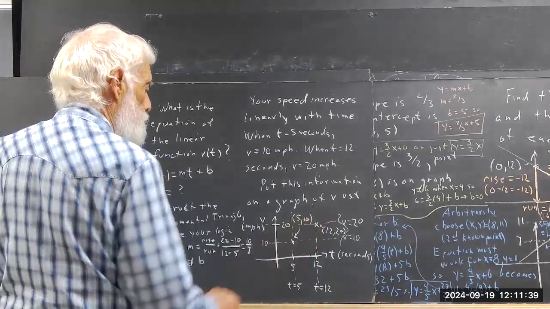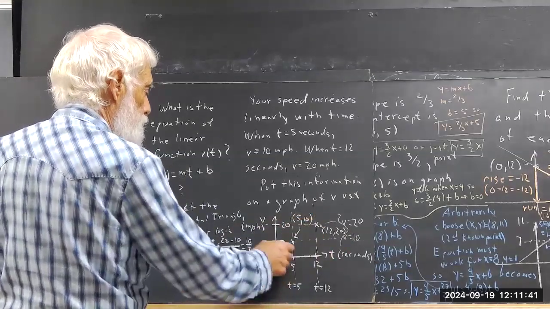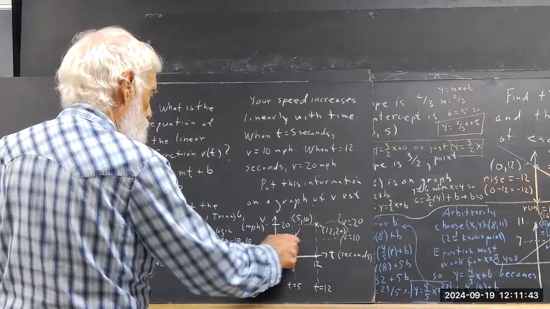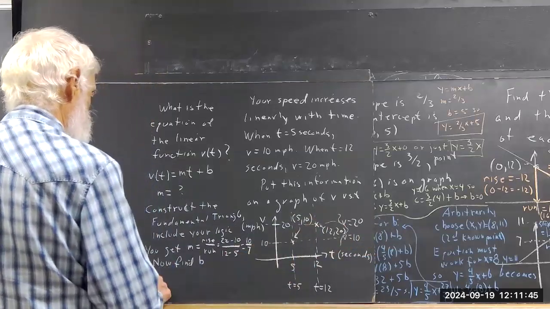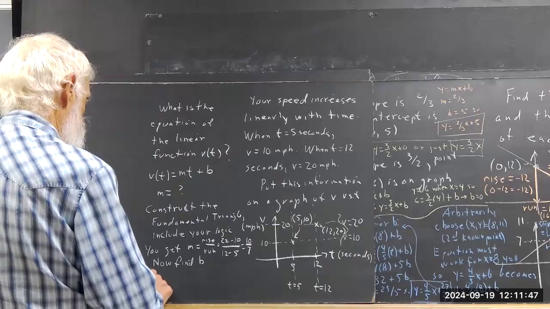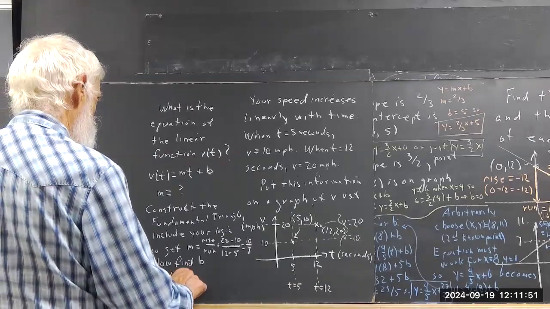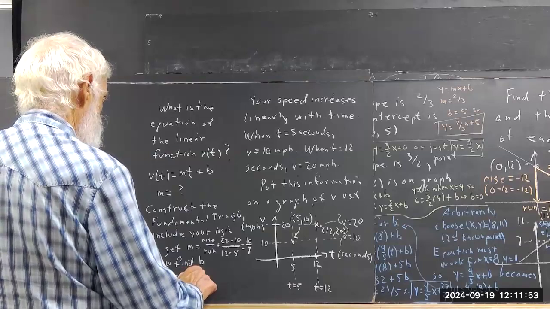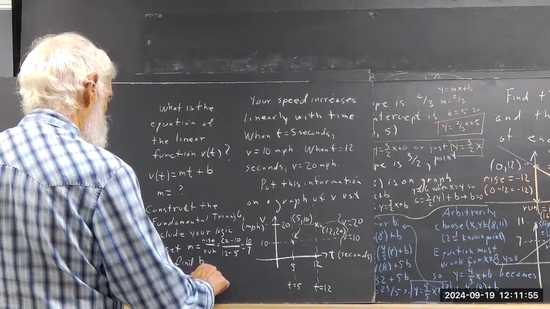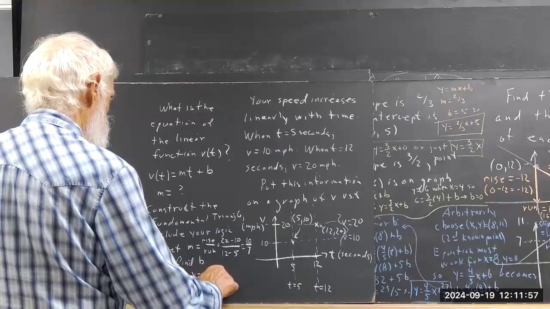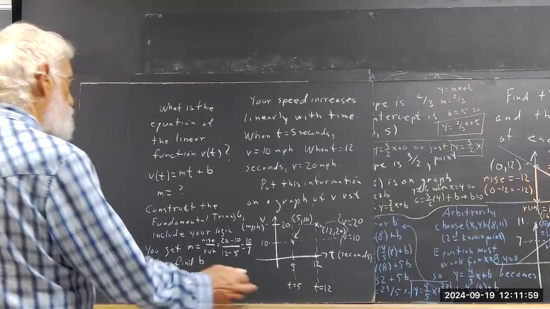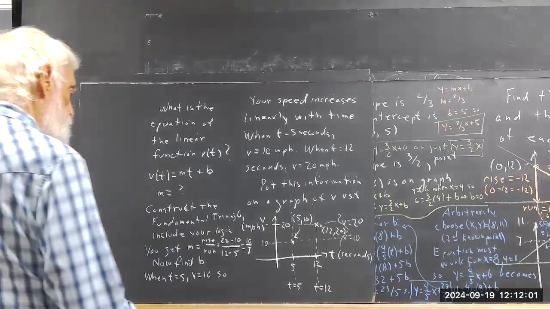We picked the second point, the point to the right first. On the first example, we picked the point on the left. T equals 5, B equals 10.